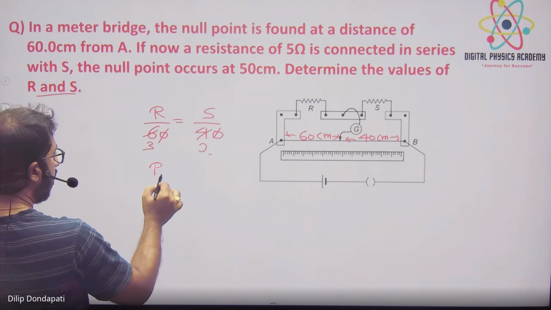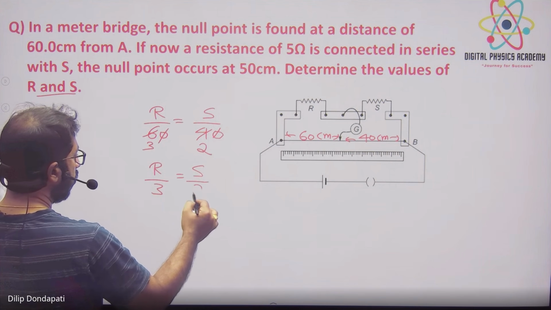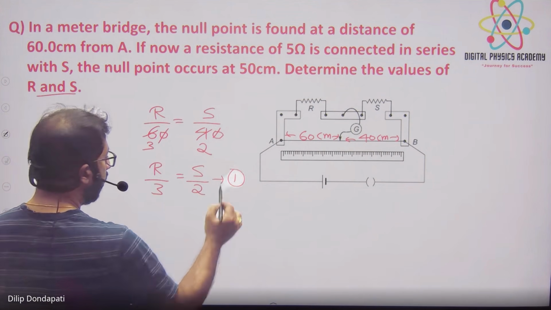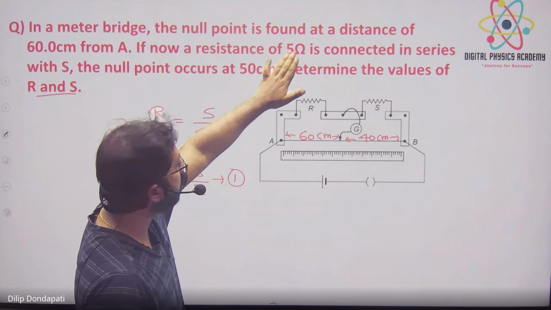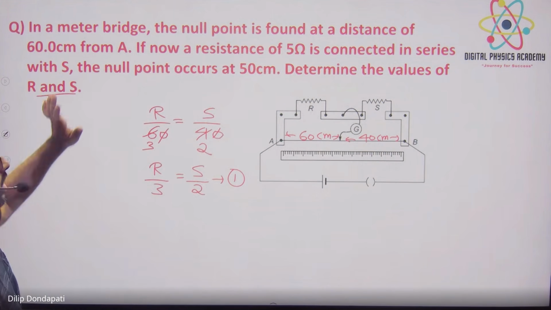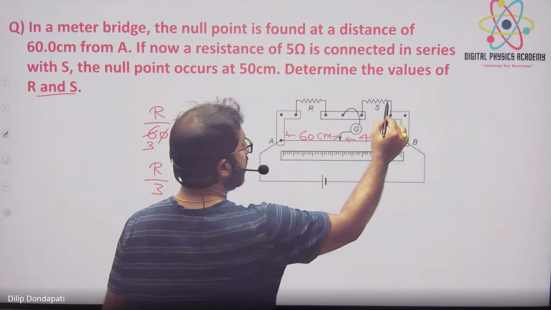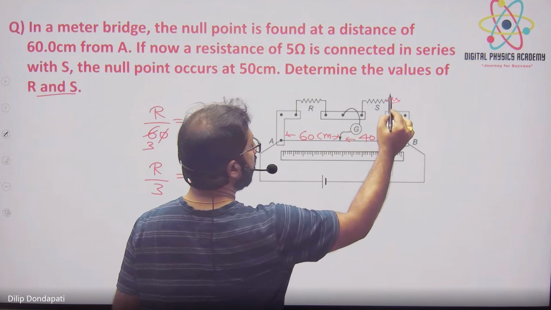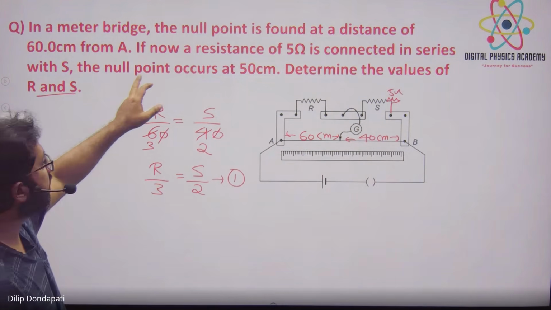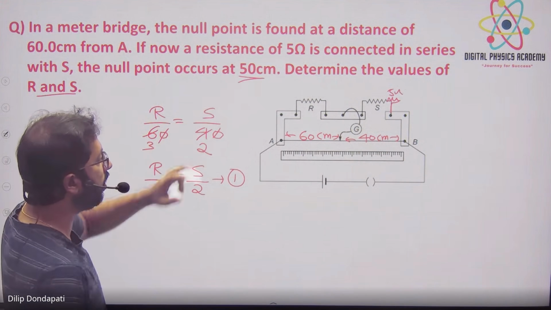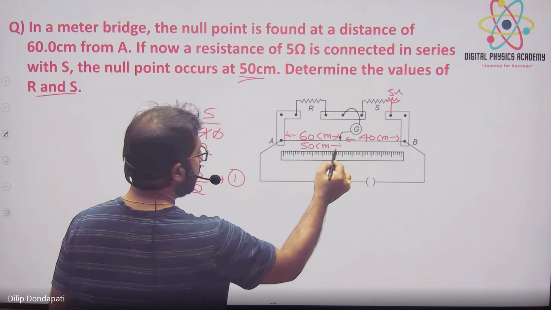So R by 3 is equal to S by 2. First equation. Now what did it say? If a resistance of 5 ohms is connected in series with S. In the second case I connected one more resistance of 5 ohms in series with S. At that time the balancing length changed to 50 centimeters. If this is 50, this is also 50.